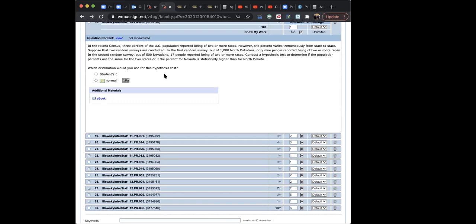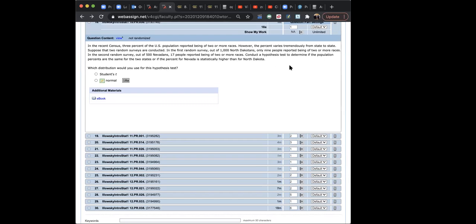Suppose that 2 random surveys are conducted. In the first random survey, out of 1,000 North Dakotans, only 9 people reported being of 2 or more races. In the second random survey, out of 500 Nevadans, 17 people reported being of 2 or more races.